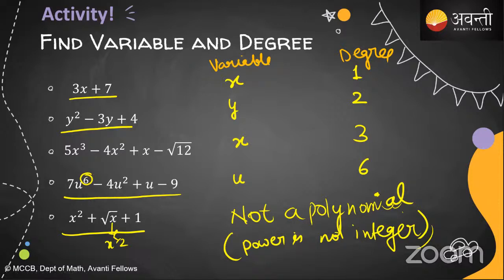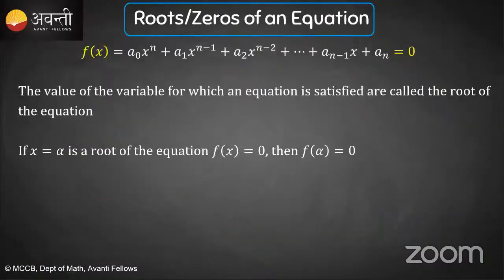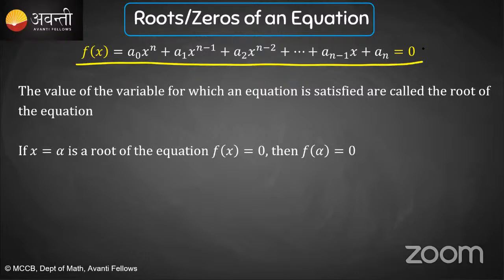Okay. So let's see. Now students, one thing is roots or zeros of an equation. See, f of x is a polynomial in x. When it is equated to 0, now it becomes a polynomial equation because it is equated to 0.